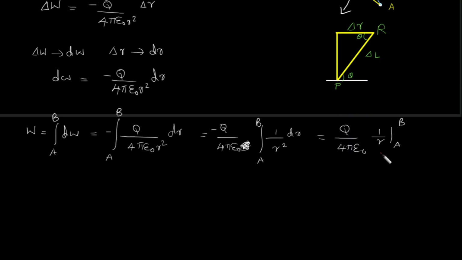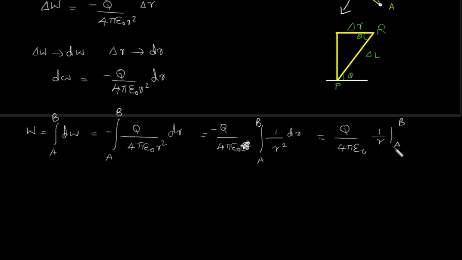Look at the figure: R varies from A to B, in the sense R can be RA and R can be RB. That is the physical meaning. A is a point and B is a point, so I cannot directly write 1 by B minus 1 by A, it does not have any physical or mathematical meaning.